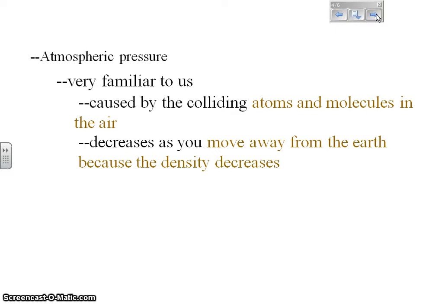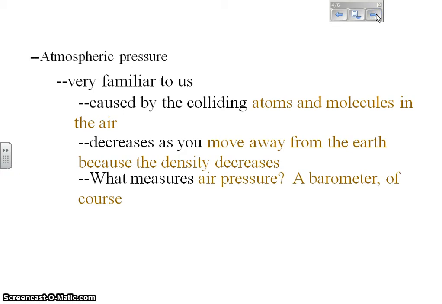And why is that? Because there's less density. Well, if there's less density, what does that mean? That means that there are fewer particles. So as you move away from the Earth, there are fewer particles. It's less dense. Less dense means less pressure. Okay? So you've heard the term, when you go into the mountains, the air seems thin. Well, that's kind of what it does. All right? What measures air pressure? A barometer, of course.